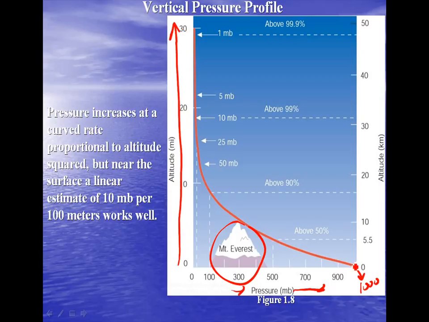And we see that as we go up into the atmosphere, pressure begins to decrease. And in fact, if we go up to about 10 kilometers, the air pressure is about 90 millibars, according to this graph.